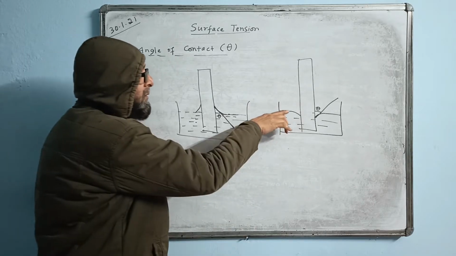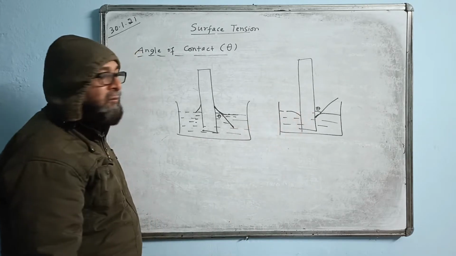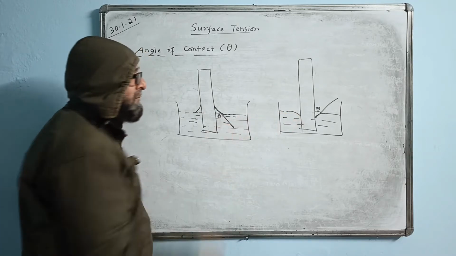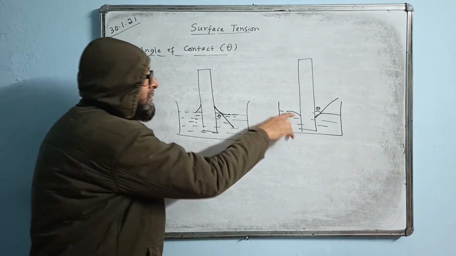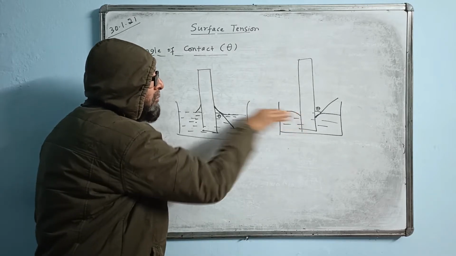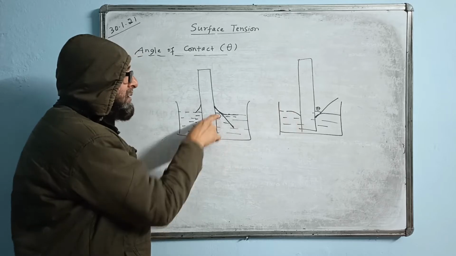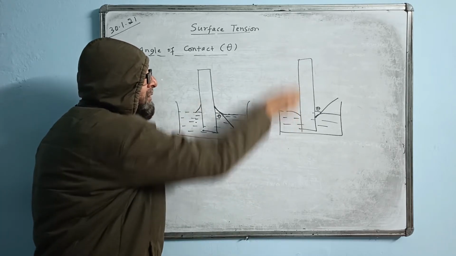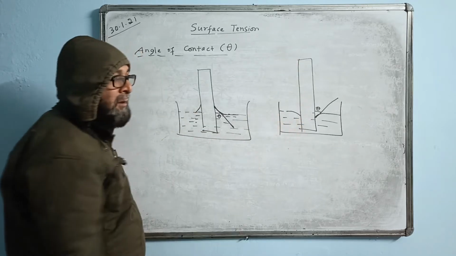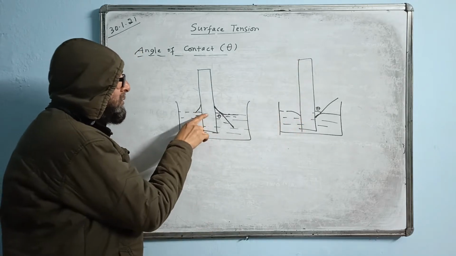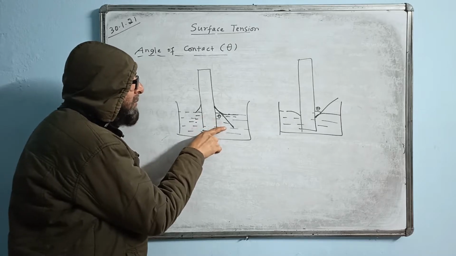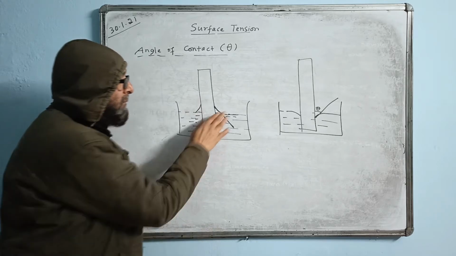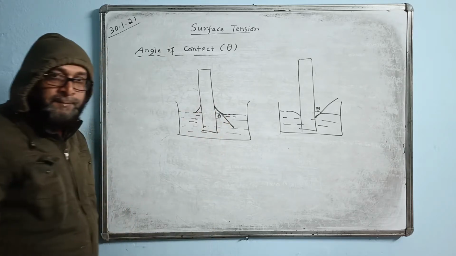That's why the curve forms a dip here, and this is an elevation. Normally this happens with mercury and glass. If we have mercury and we immerse a glass rod, this will happen. And if you have a solid, and the liquid can be water or anything else, the curve will be formed in this direction.